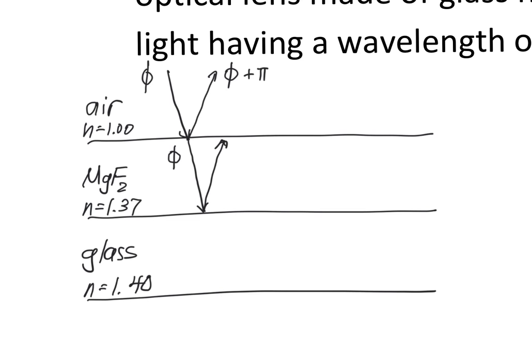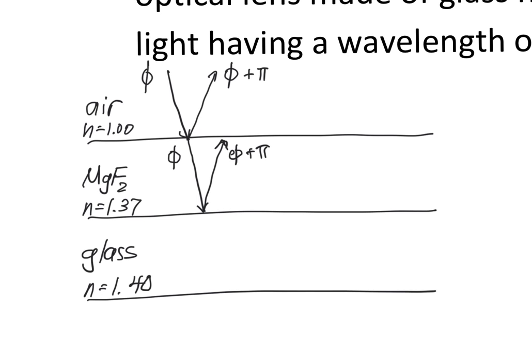When we were dealing with the oil on the water, or say a soap bubble, a thin film with air on either side, the reflection at this point will be off of a lower index, so there would be no phase shift. But now I'm reflecting off of a higher index, so there is a phase shift.